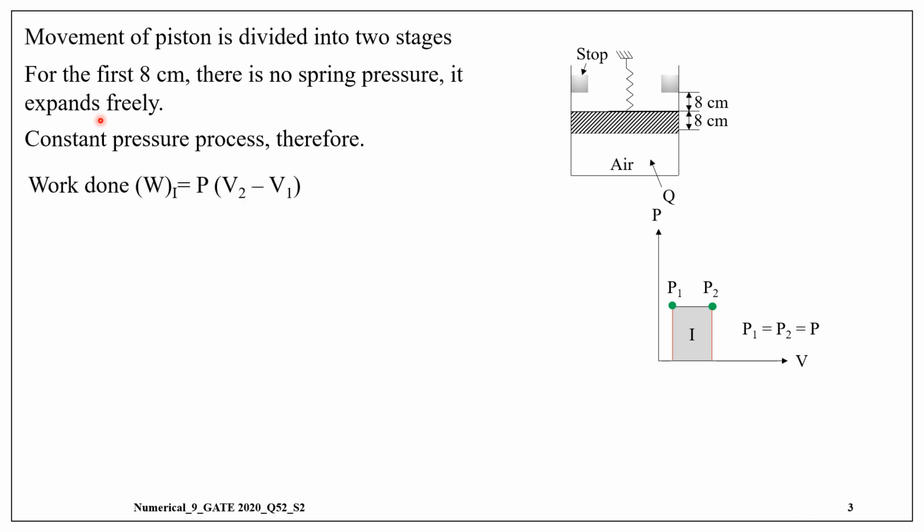Work done during stage 1 or step 1 is equal to product of pressure and change in volume. Of course, it is a displacement work. Displacement work is given by integral PdV. Pressure is constant. Therefore, dV upon integration after substituting the limit gives us V2 minus V1.